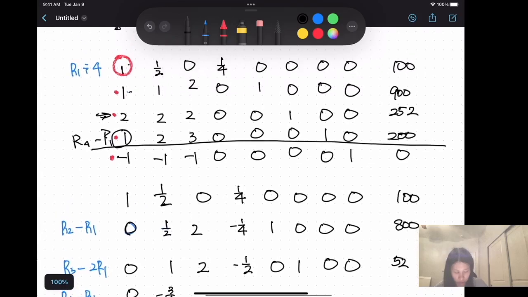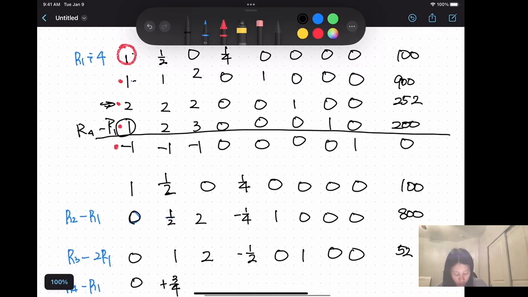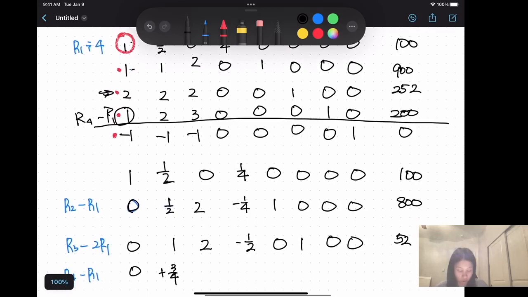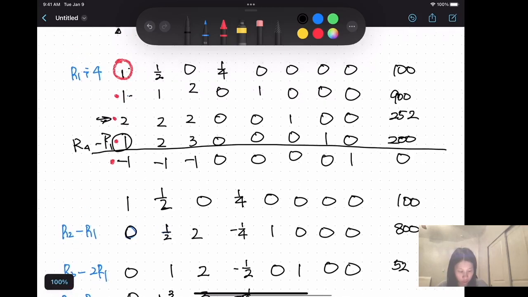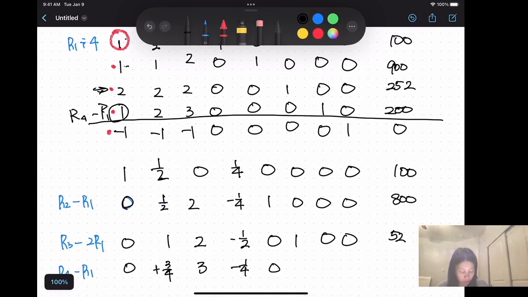No, the fourth one should be positive 3/4, and this would be 3, negative 1/4. Yeah, 0, 0, 1, 0, and this equals 200 minus 100 is 100.